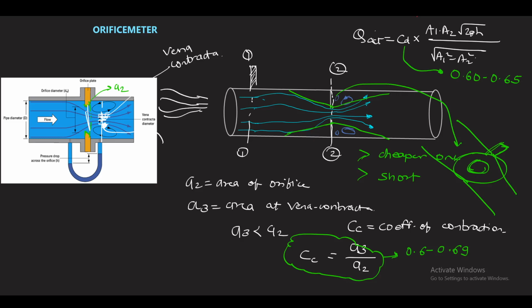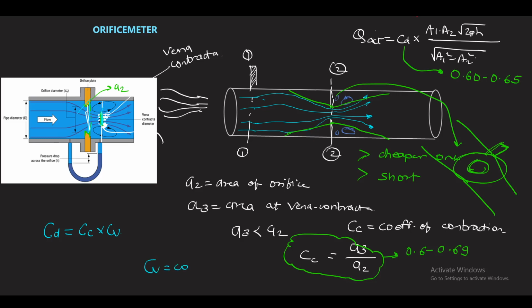This is the area at the vena contracta. This area at the vena contracta divided by the area of the orifice gives the coefficient of contraction. And this CD, the coefficient of discharge, is equal to Cc into Cv, and what is that Cv?